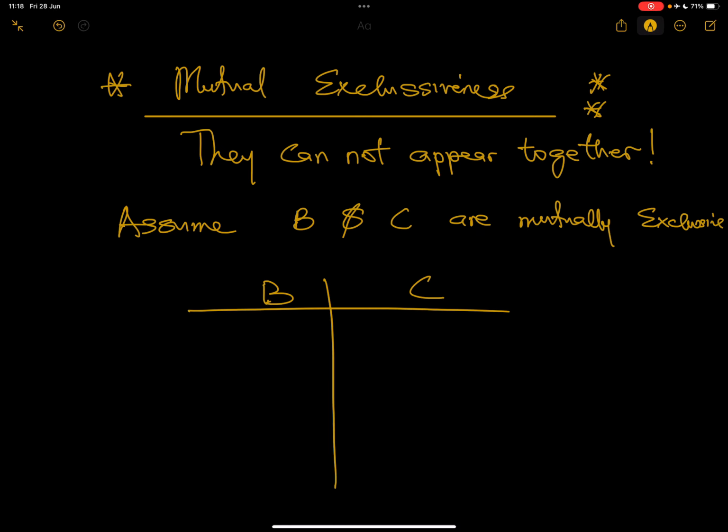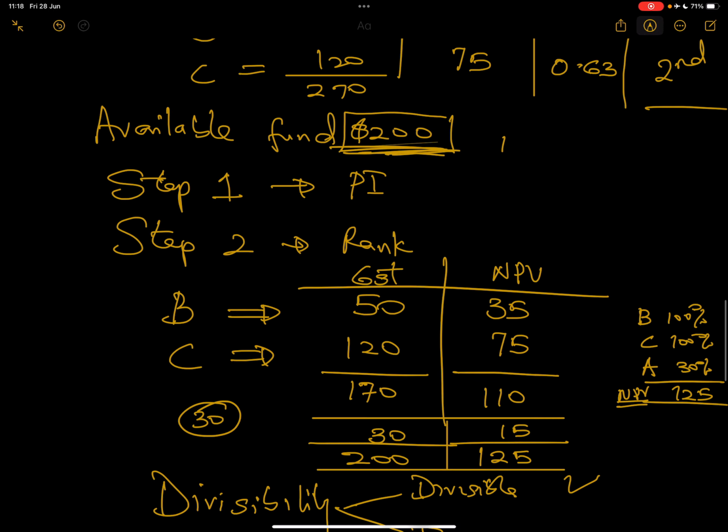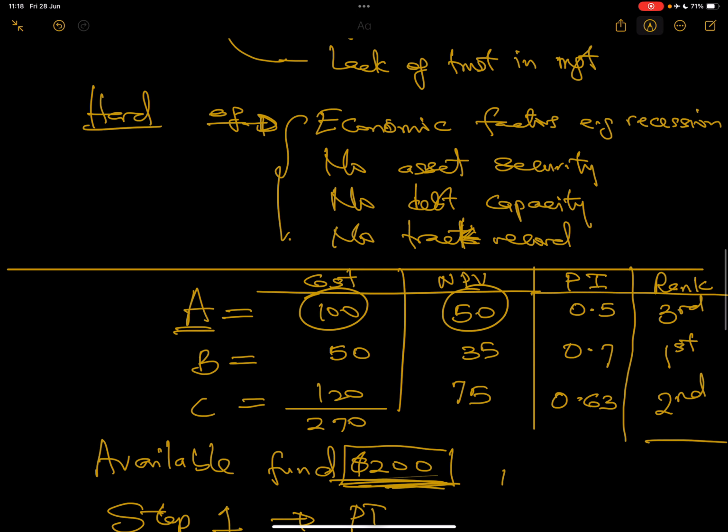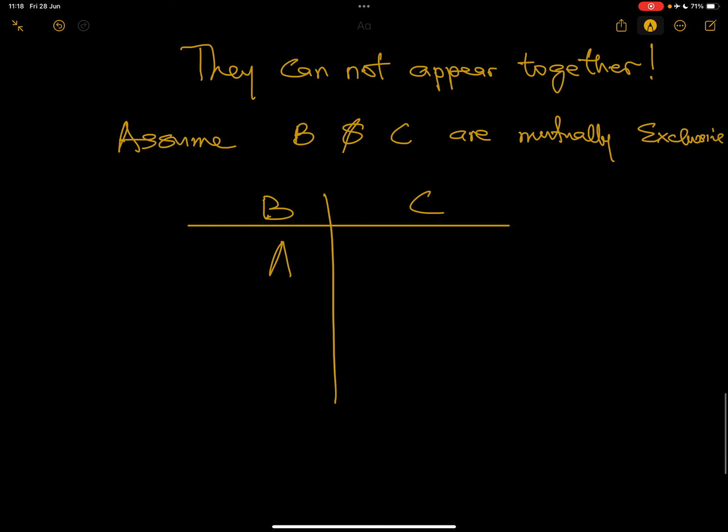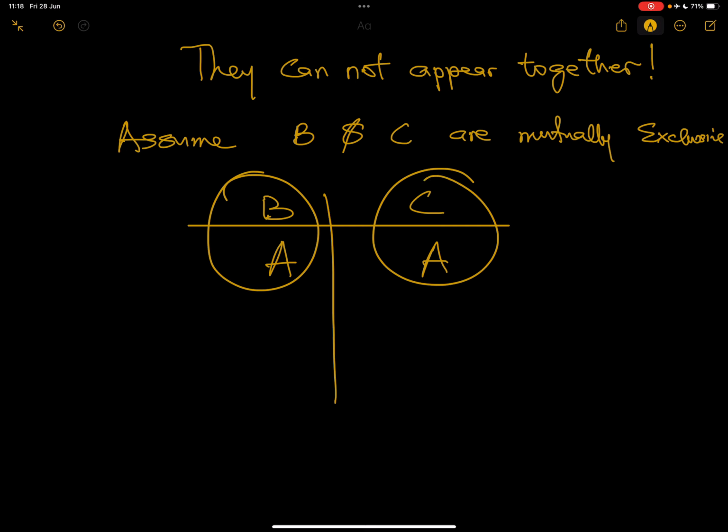We are looking at three investments, A, B, C. So you can have A here and you can have A here. The question is, BA and CA, which one will give higher NPV, and that will be your choice. And the total amount you have is 200.